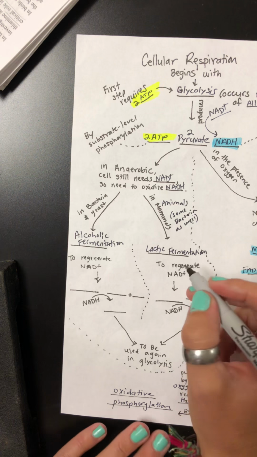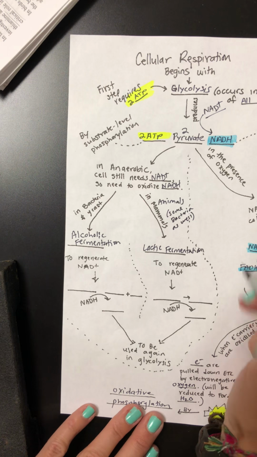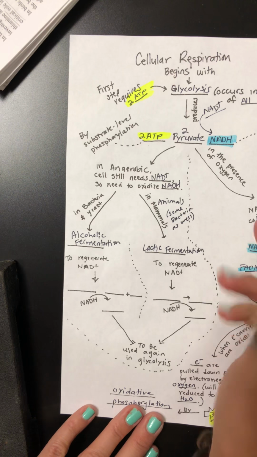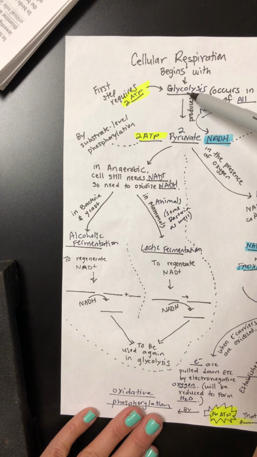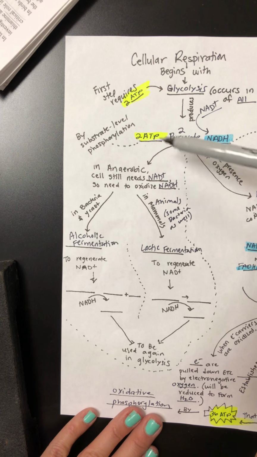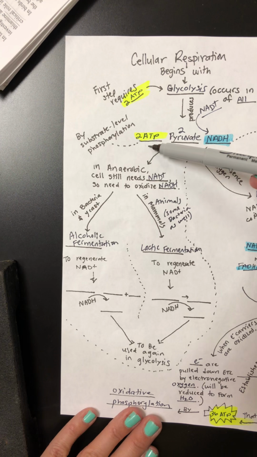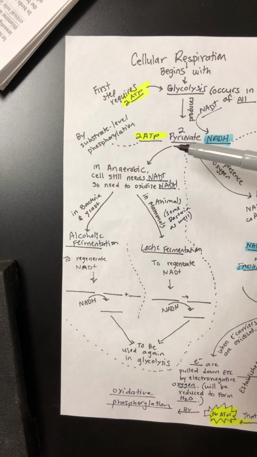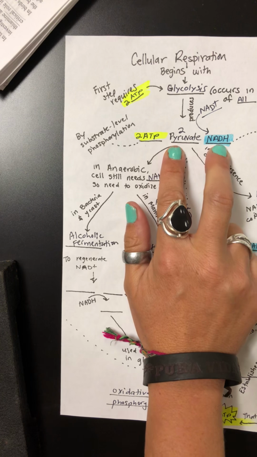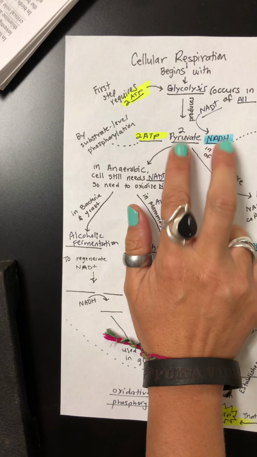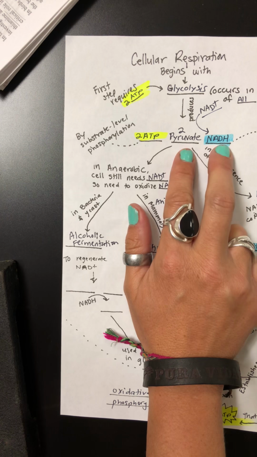And so in lactic acid fermentation, what's going to happen is when we look at what was made in glycolysis, we have 2 ATPs, 2 pyruvates, and 2 NADH. Well, if right now the whole purpose is to make ATP for survival, because we're in anaerobic conditions and that's the only energy that's going to be made, this pyruvate and this NADH is not being used for anything in this moment.